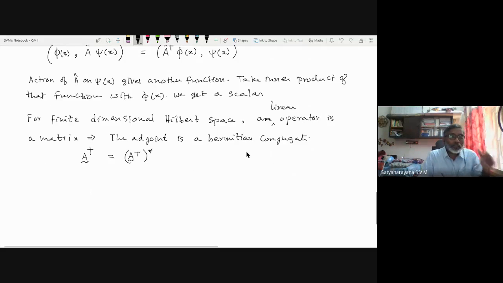Let's say that we consider L2 of R. That means it is a space of square integrable functions. Okay, so consider L2 of R as the Hilbert space.